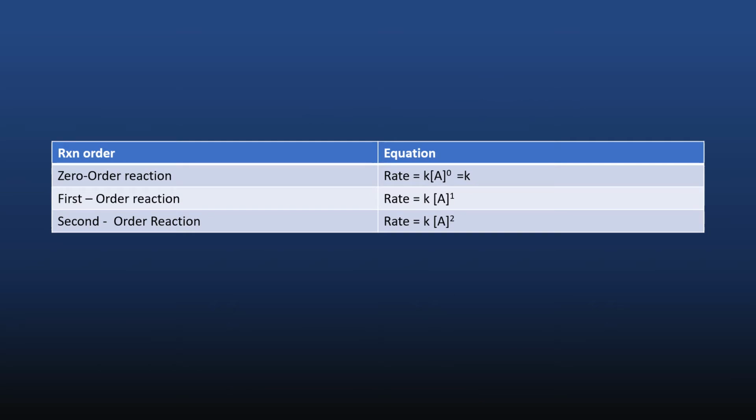And here are the formulas. Keep in mind, since anything to the 0 is 1, in a zero order reaction, the rate is equal to k. It's equal to the constant.